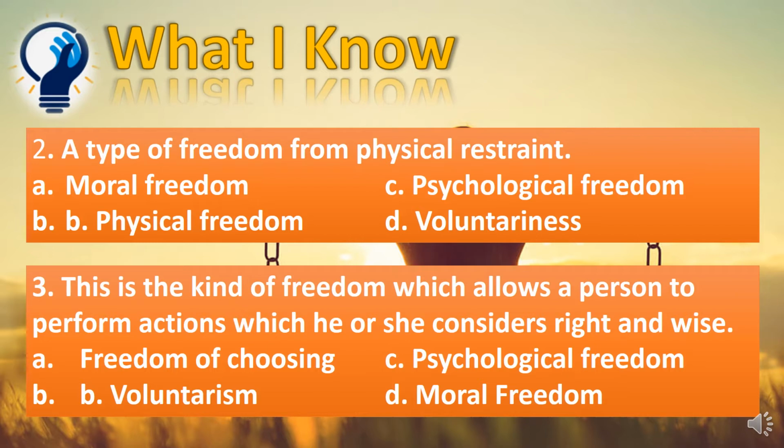This is the kind of freedom which allows a person to perform actions which he or she considers right and wise. A. Freedom of choosing. B. Voluntarism. C. Psychological freedom. D. Moral freedom. What is your answer? Okay, the correct answer is C. Psychological freedom.